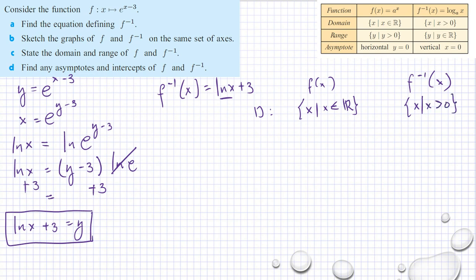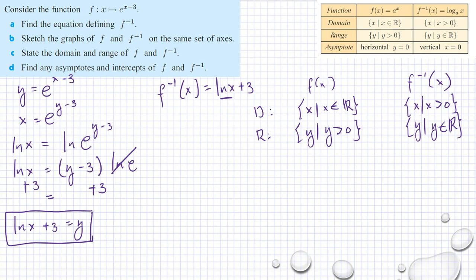For the range, y is greater than 0, and for the inverse, y is an element of the real numbers.